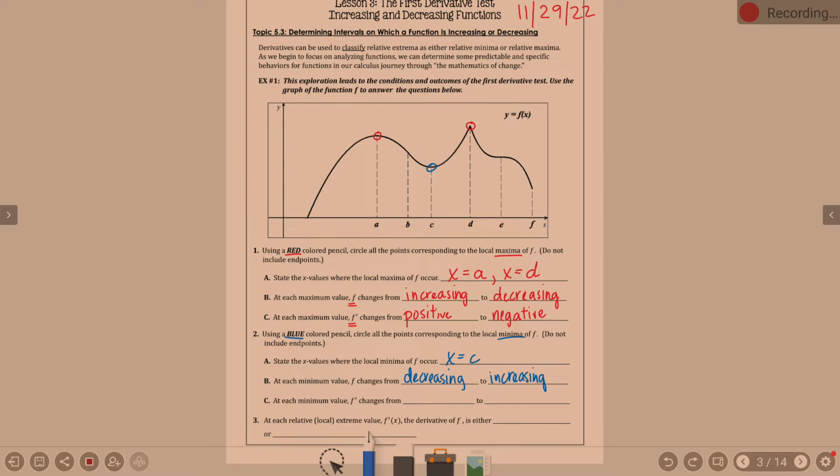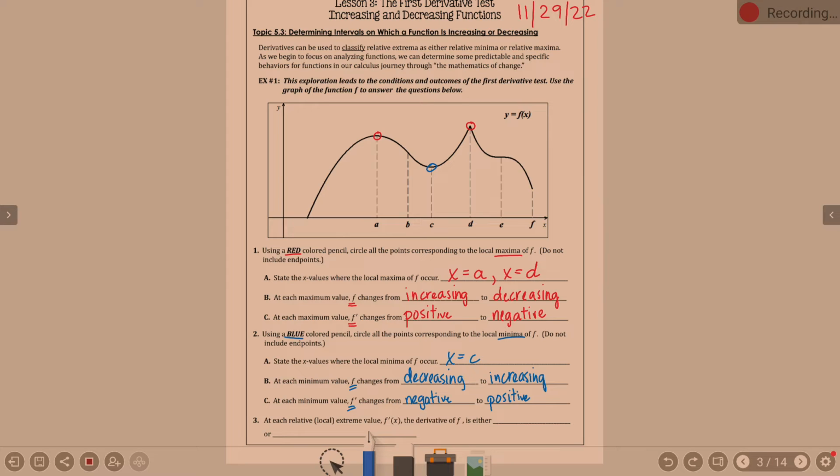At each minimum value, f prime, so the slope, changes from what? Negative to positive.